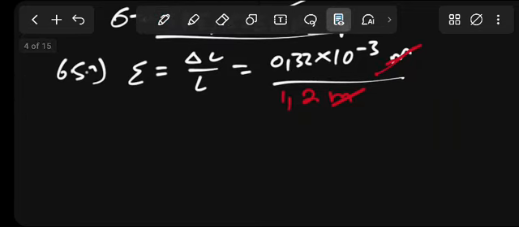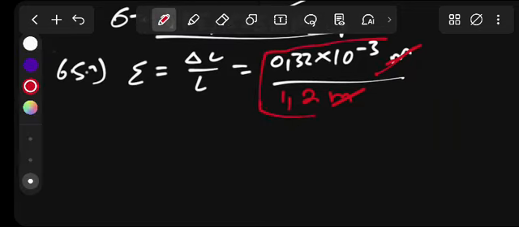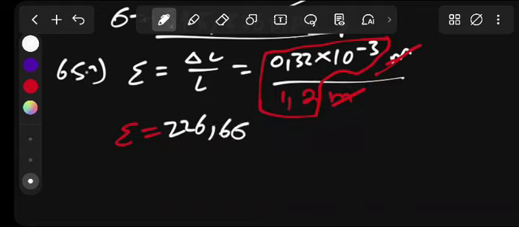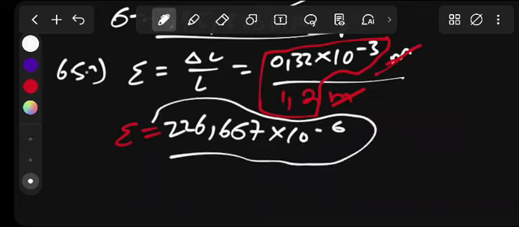Then our strain will be 0.32 times 10 to the power of minus 3 divided by 1.2. It has no SI units. That gives 226.667 times 10 to the power of minus 3. This is our strain.